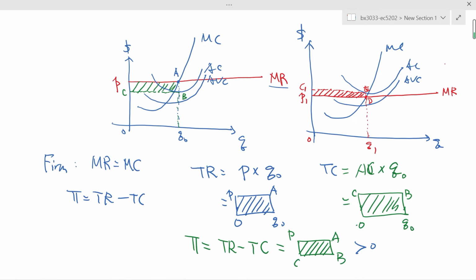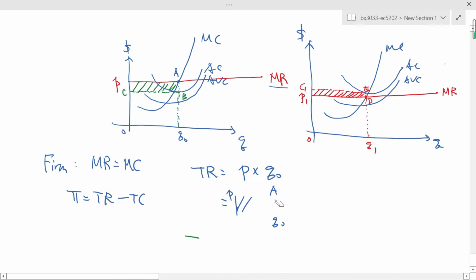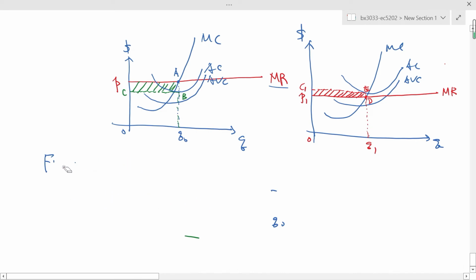Now here comes the question. Should the firm shut down? So here, profit is negative.